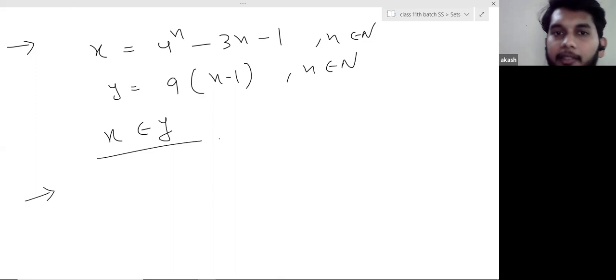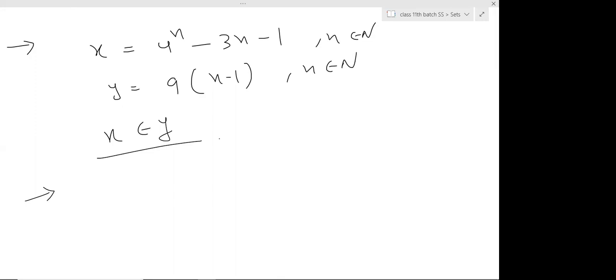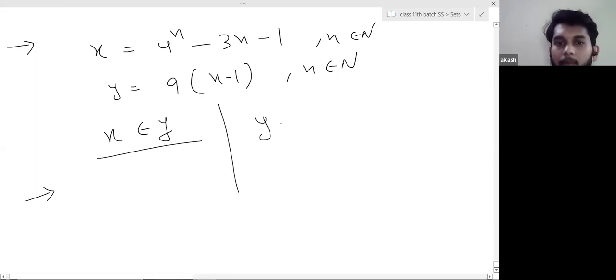Do you have any idea? No. Absolutely not. Just try to write the elements here. Where n is a natural number, put n equals 1, we'll get 0. N equals 2, you will get... Can you tell me the elements of y?